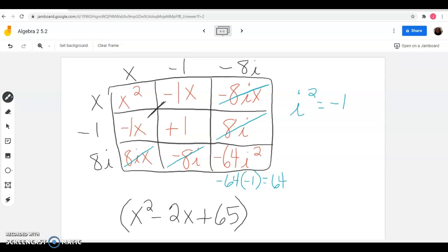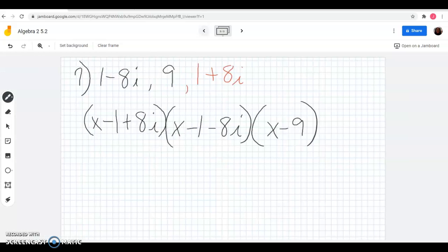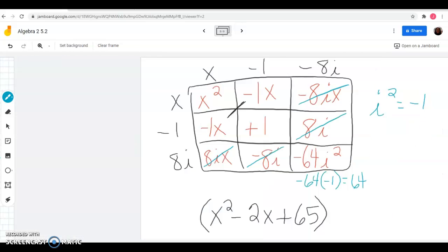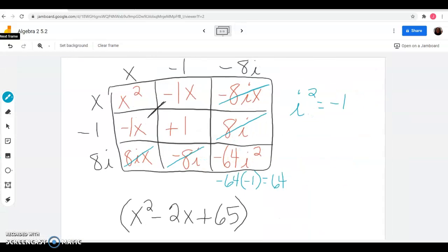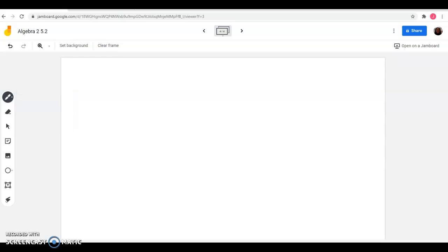Now I've got to switch back over to the other screen, and I don't want to forget my last parenthesis that I haven't multiplied. So this is just the two conjugates. And then if you notice, I have this x minus 9 that I have to do last. So we are going to take this new parenthesis that we found times x minus 9. So x squared minus 2x plus 65 times x minus 9.